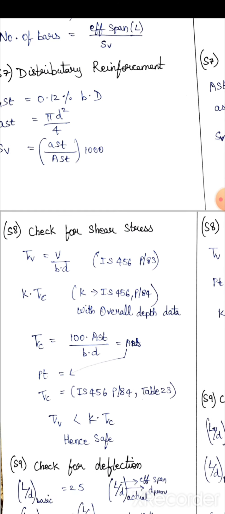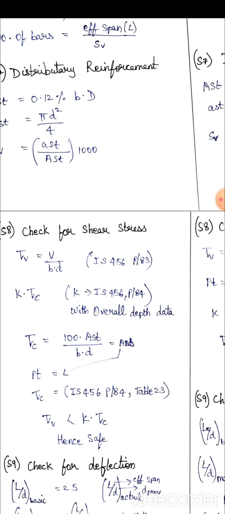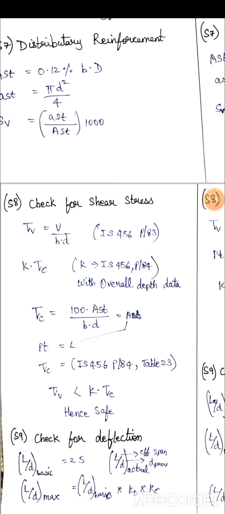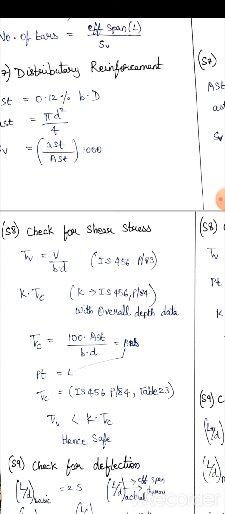Next, we must find the percentage to find the value of tau c. So the formula for finding percentage is 100 into AST by b into d. With the help of this formula, we'll find the percentage, and the percentage answer will be seen in IS 456 page number 84, table 23.